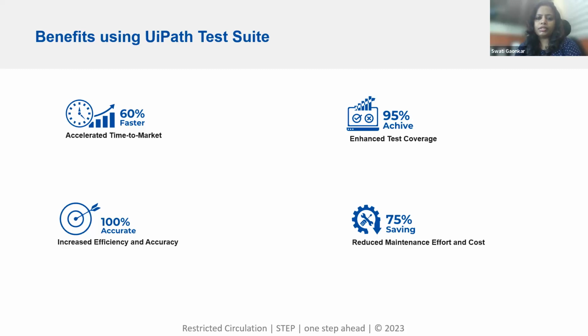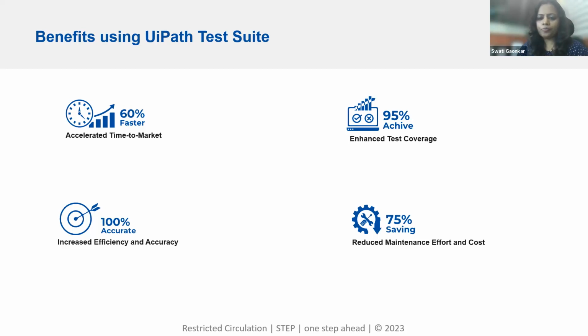efficiently. UiPath Test Suite is there to help with the merchant acquiring system, and any type of merchant acquiring system or POS system test cases can be tested, and within maybe 4 to 8 weeks you will get the entire pack ready.